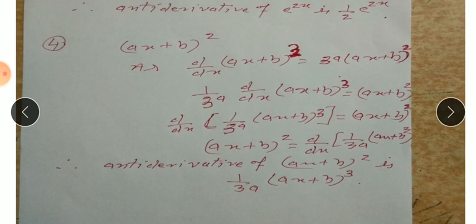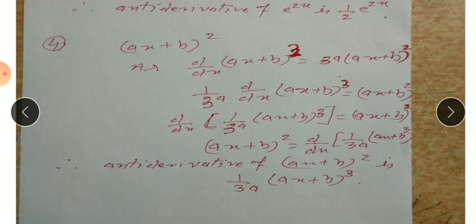As d dx of ax plus b whole cube, whole power 3, is equal to 3a times bracket ax plus b whole square. Once again see, d dx of ax plus b whole cube is equal to 3a times bracket ax plus b whole square.